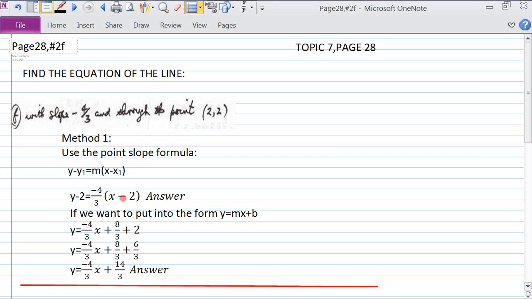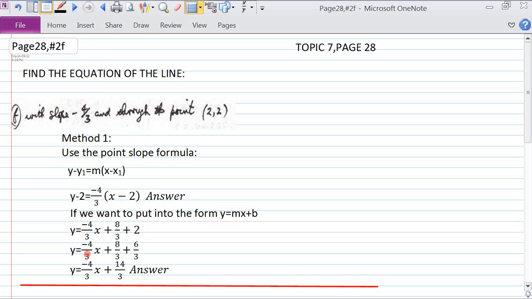Minus 4/3 times minus 2 gives me 8/3. So I'm multiplying this times this to give me that. And I'm multiplying minus 4/3 times minus 2 to give me plus 8/3. And I move the minus 2 from the left to the right and change the sign.